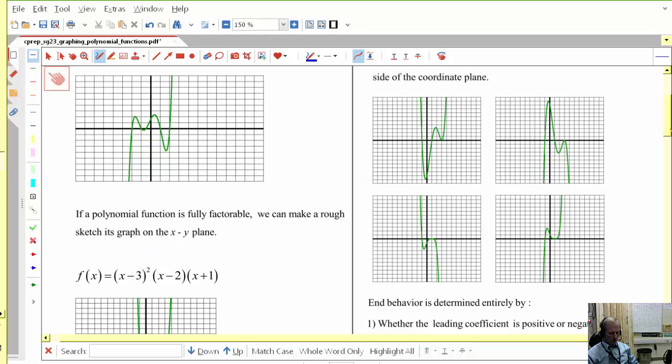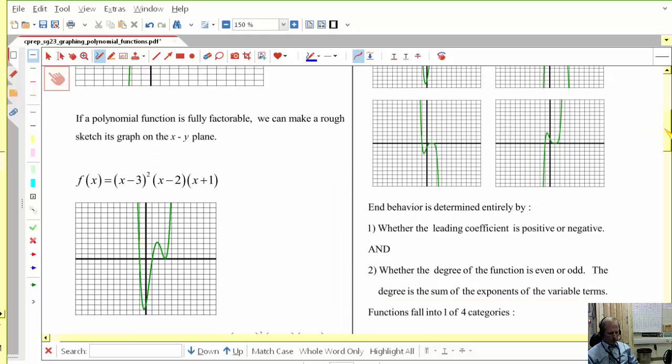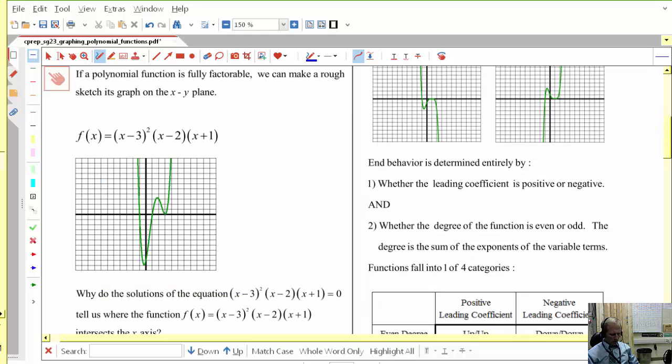And it's possible, if we have the factored form of the function, to draw a rough sketch of the function without even using a table of values. So here's how it works. If we have a function factored like this one here, then these numbers, if you reverse the signs, you get the points on the x-axis where the curve intersects it.